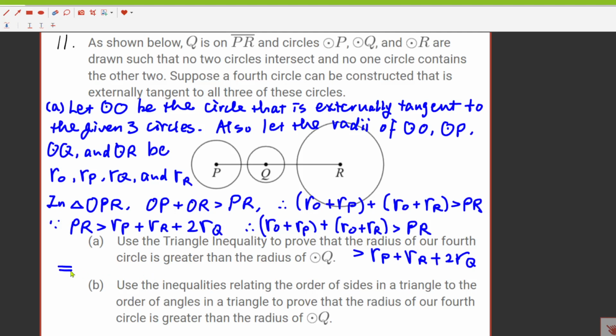And simplifying this gives us 2rO is greater than 2rQ, right? Because we can cancel rP and rR here. That means 2rO is greater than 2rQ. And eventually we can prove rO is greater than rQ, right? As desired.